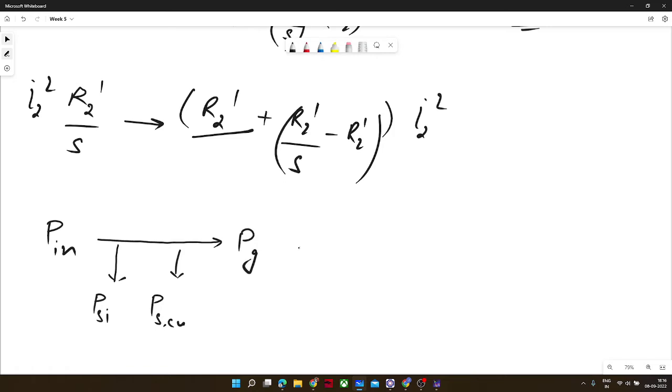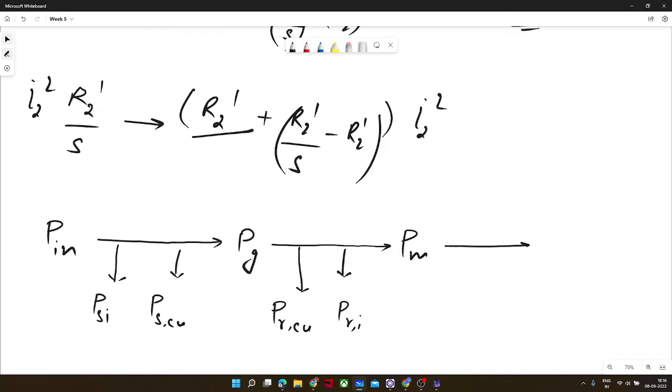Okay. After that, some losses would be there, and that is the rotor copper loss. After that, the power level is known as mechanical developed power. Okay. Or also rotor iron loss, you can say.